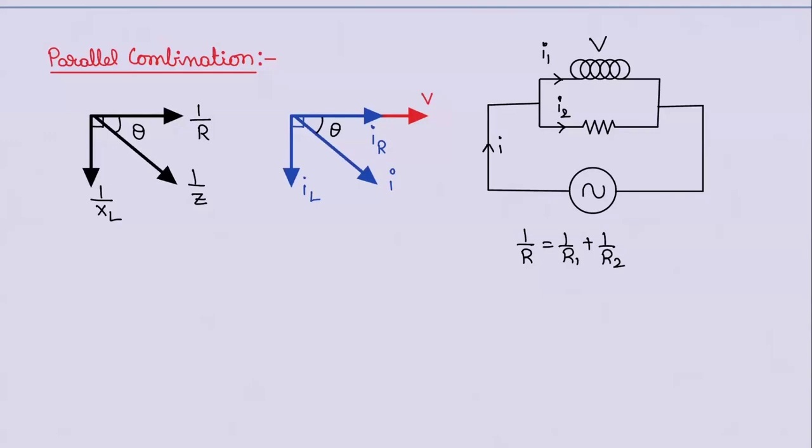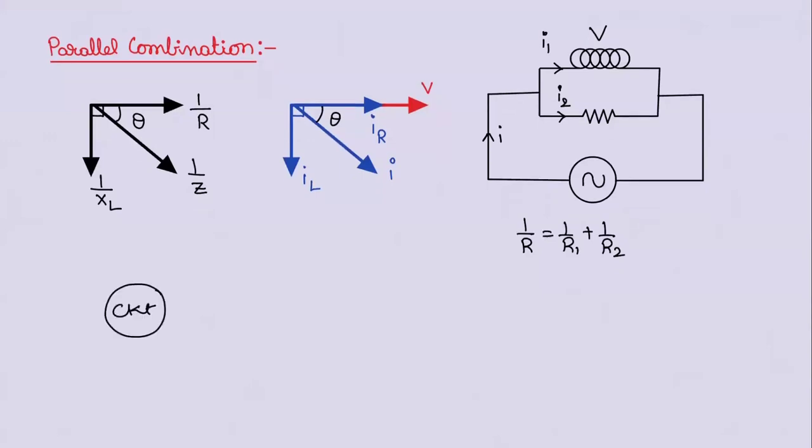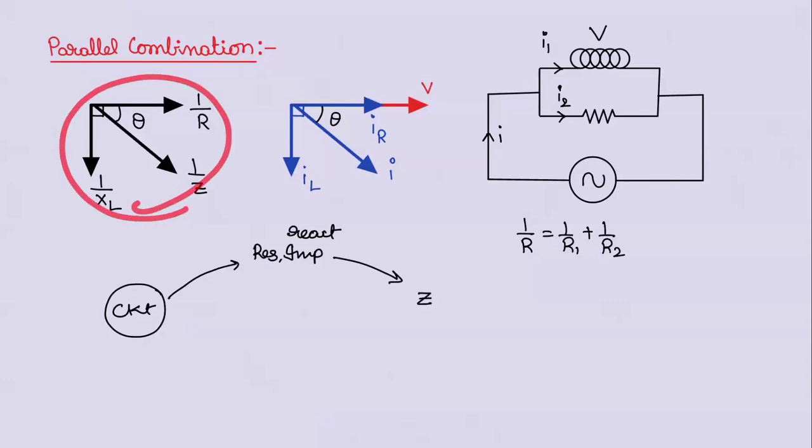Understand this bird's eye view. Two different paths are there. First path will be like this: you take the circuit, you calculate reactance, resistance, and impedance. Then you calculate Z value by using the impedance phasor.